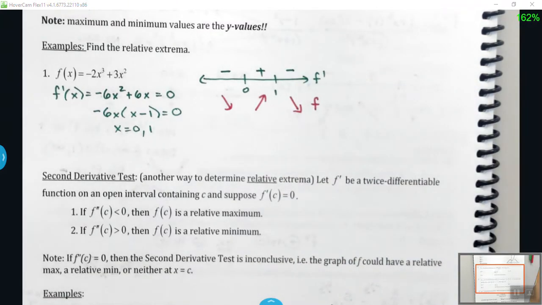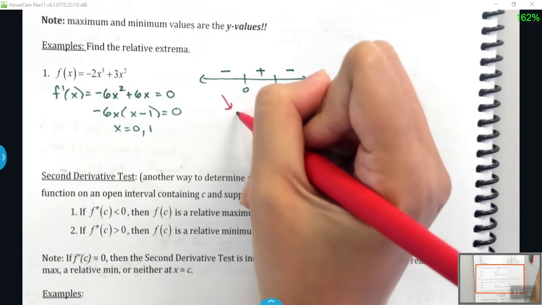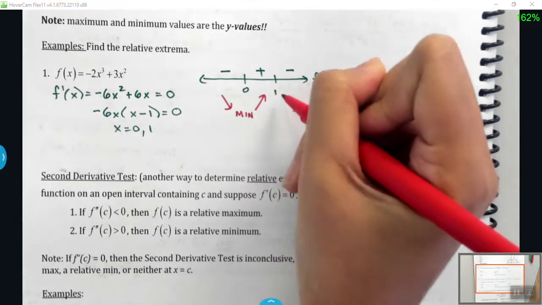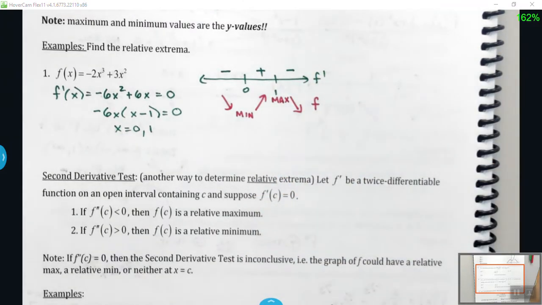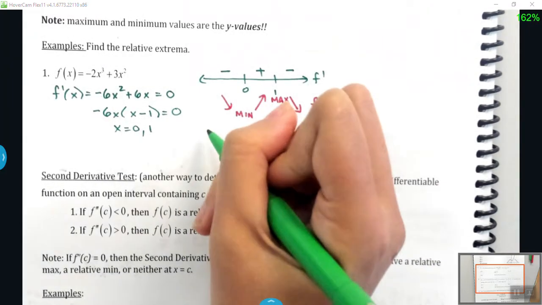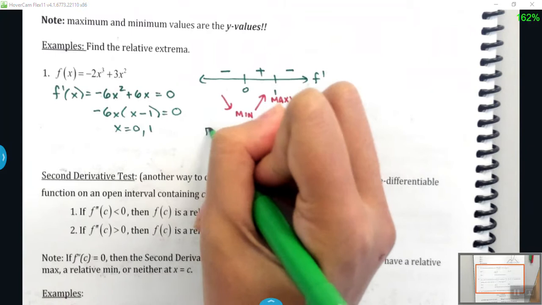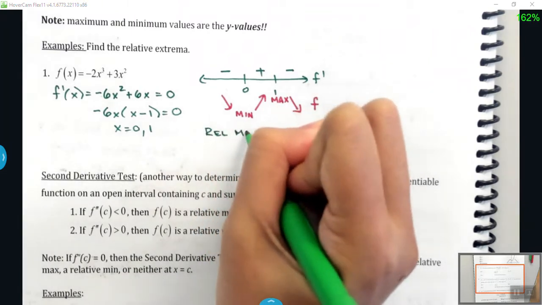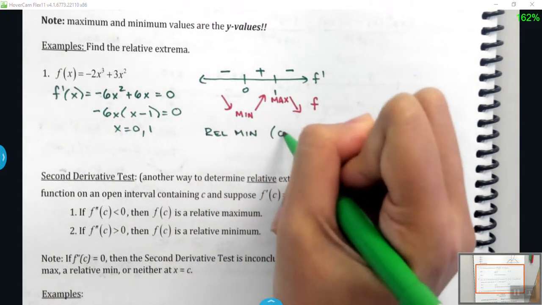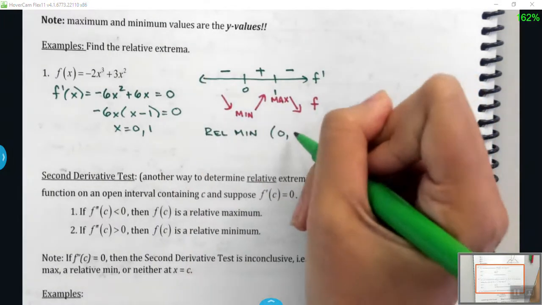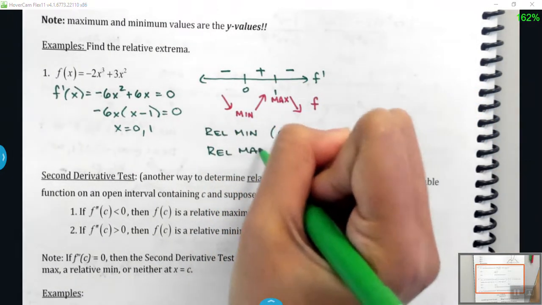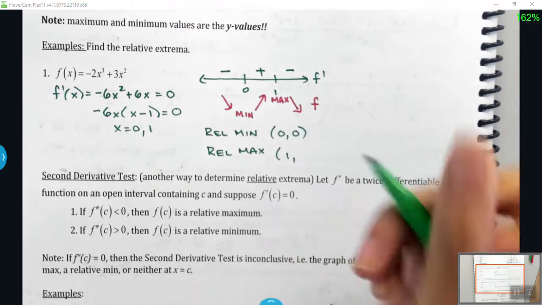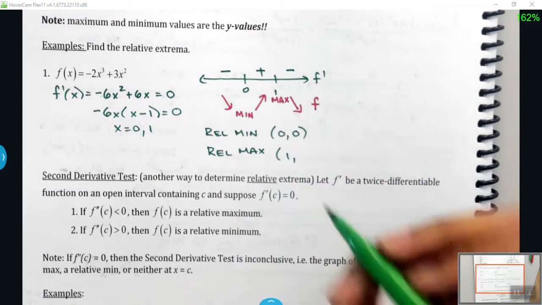Which means that at 0, I've got a min. And at 1, I've got a max. Okay? All right. So we can say relative min at (0, 0), plugging in 0, and a relative max at (1, 1).